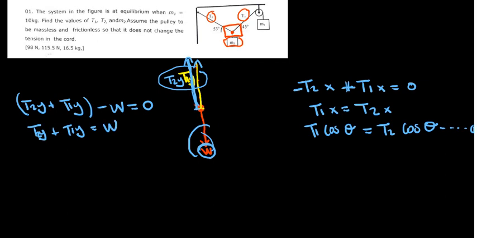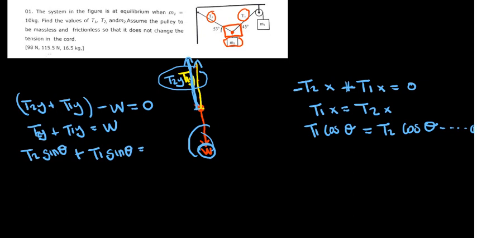Okay, so let's look at it in a detailed manner, where we say T2y is the same as T2 sine theta plus T1 sine theta is equal to what?